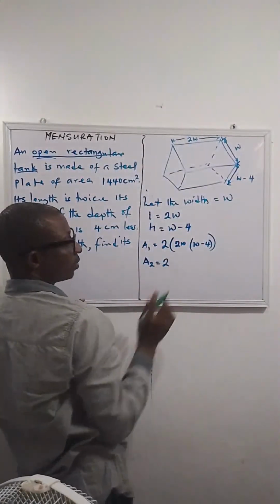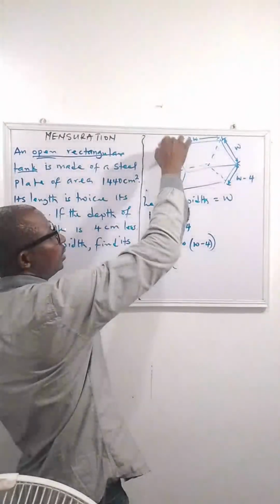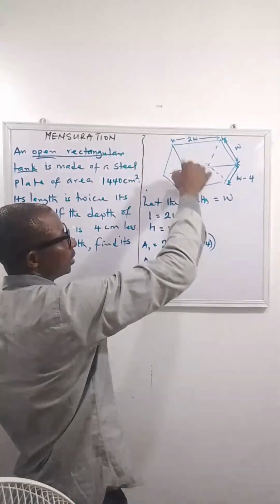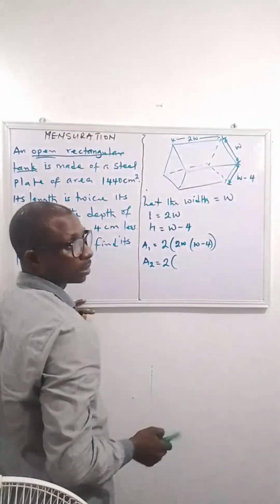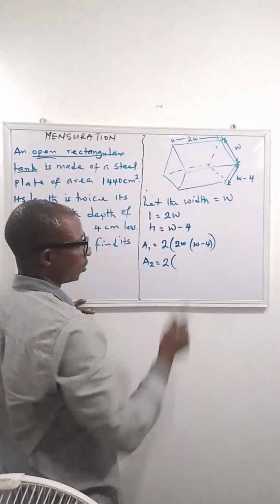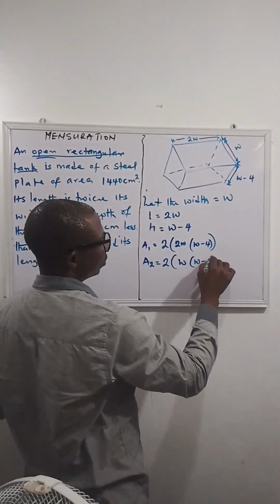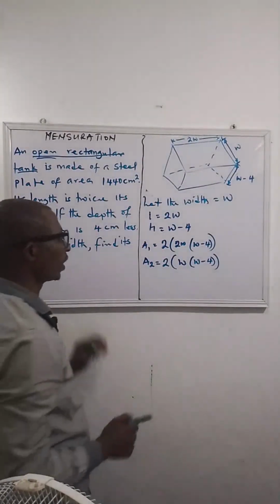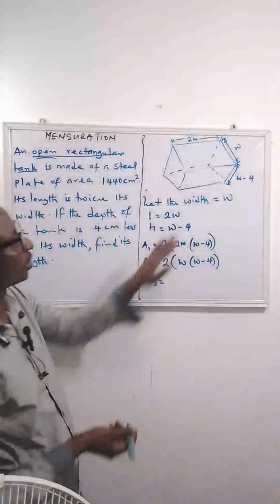Because there are 2, I first write 2 times. Now look at it, this times this. That is the width times the depth, W times W minus 4. Now the third one is the base.